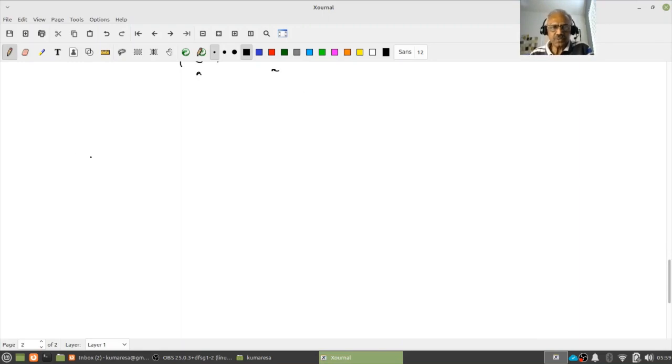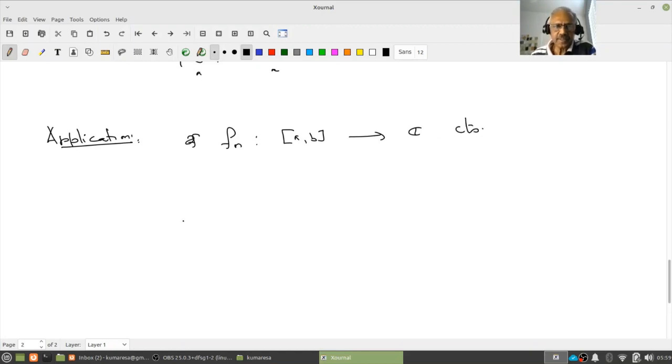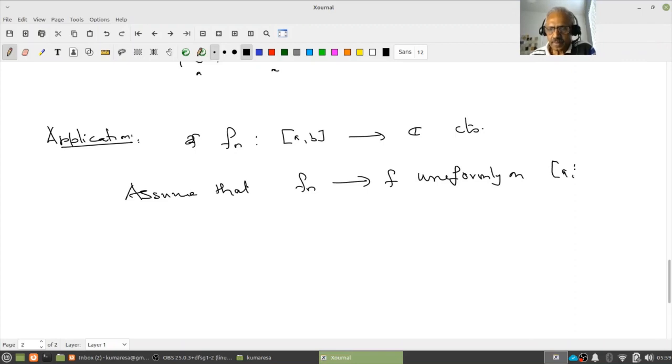So what is the use? The first serious use, we will give the first application of this. This will be very much needed. Suppose f_n's are from [a, b] to C, and f, are continuous. Assume that f_n converge to f uniformly on [a, b].